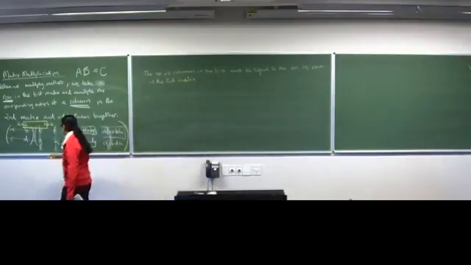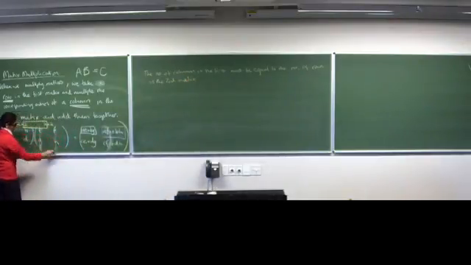Because if we had another row here, there's nothing to multiply it with. So the size is important, but what we mean is that the number of columns in the first matrix must equal the number of rows in the second. Okay. All right?